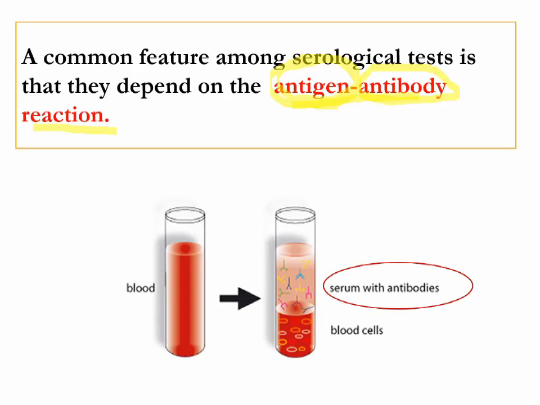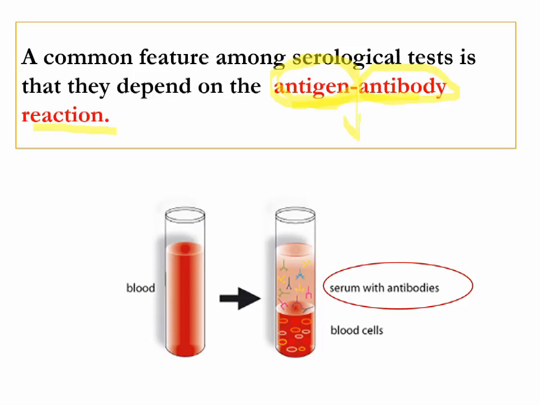And then the antigen will combine or bind to the antibody, forming an antigen-antibody complex, and then a subsequent reaction is going to occur. So the main principle of the serological tests is the antigen-antibody interaction.